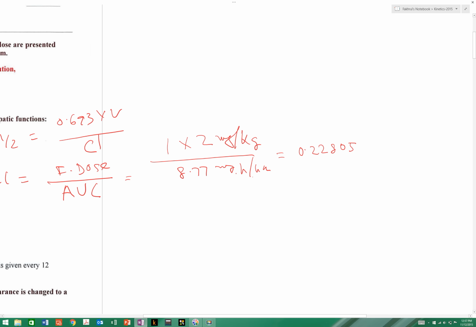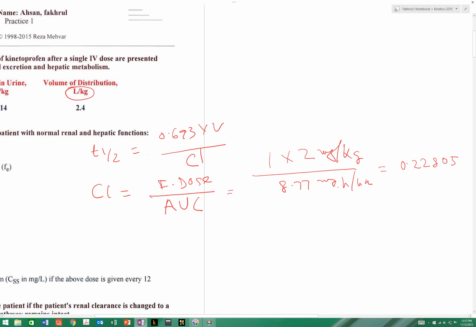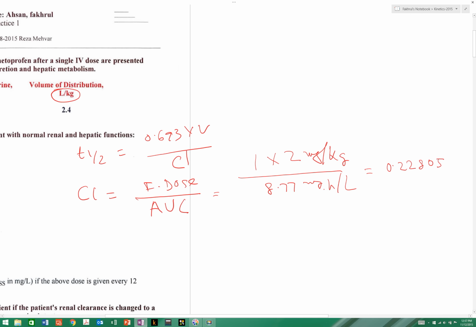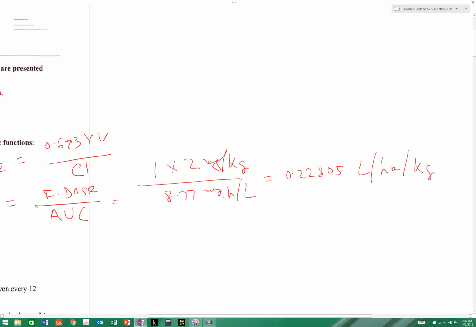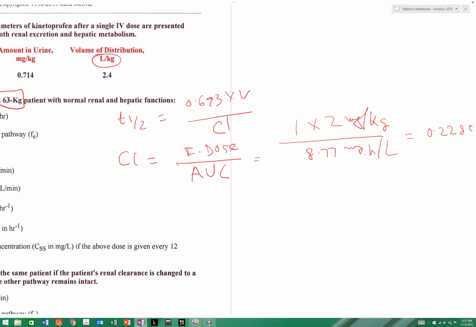If you look, there is milligram per kilo here and liters here, so our answer will come in liter per hour per kilo, and we know the patient weight is 63 kilo.